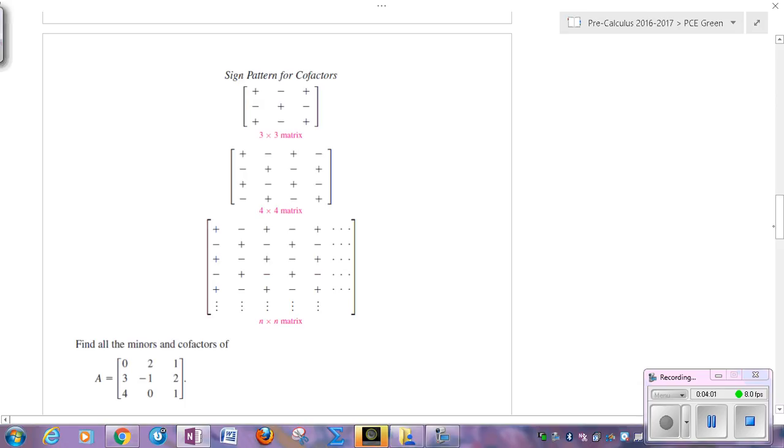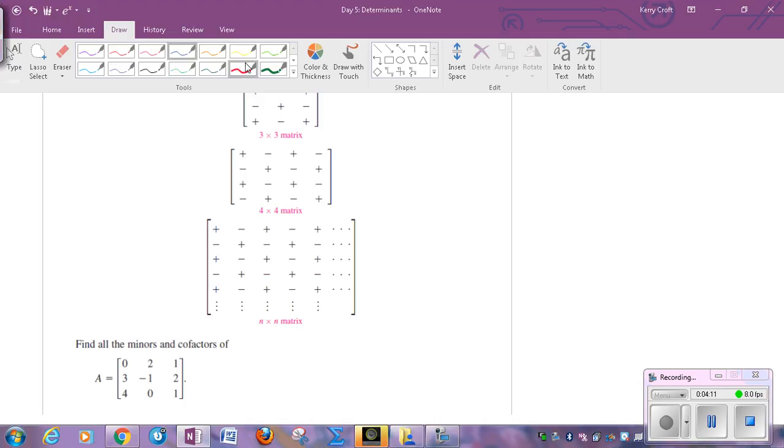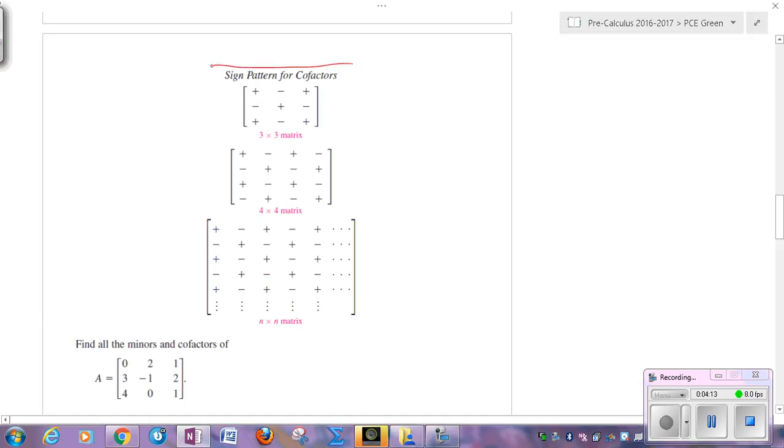So first you find the minor values and then you find the cofactors. Basically the cofactors just follow these sign patterns. So we're basically going to focus on this 3 by 3 matrix right here. So plus minus plus minus plus minus plus minus plus. Okay, so there's that pattern.